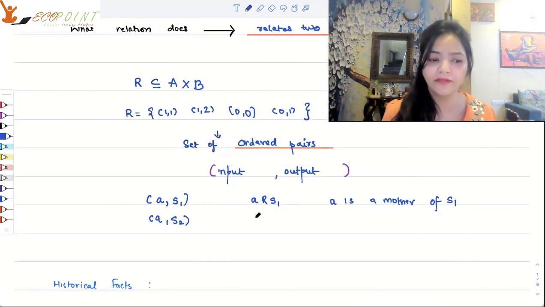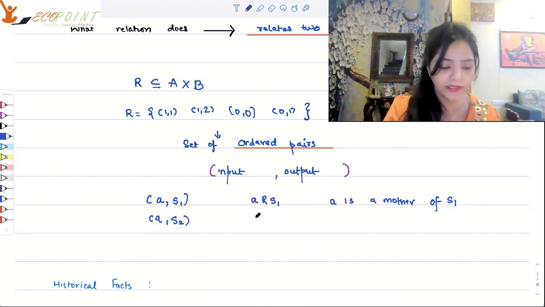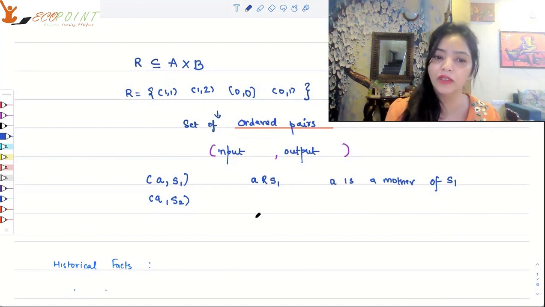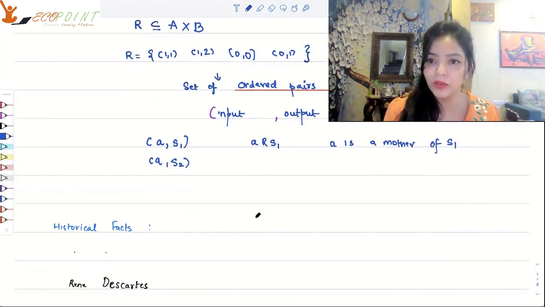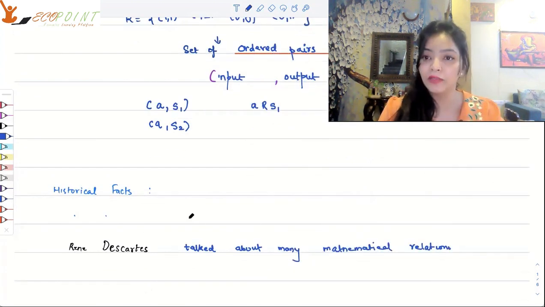Historically, if I may just hint upon how relations and functions came into existence, it was, I think, from what I read, around the 17th century. A few mathematicians worked on it, and then improvisations happened. A very famous mathematician, Rene Descartes, talked about many mathematical relations.